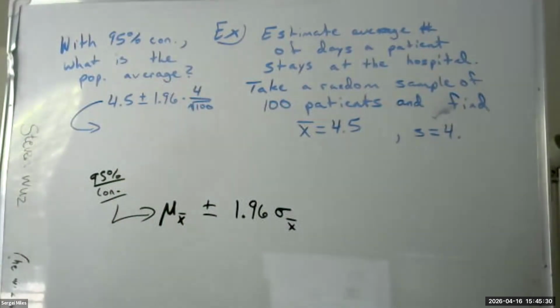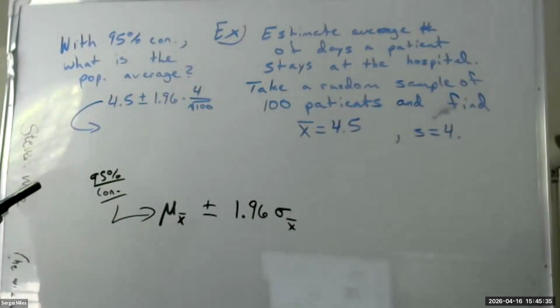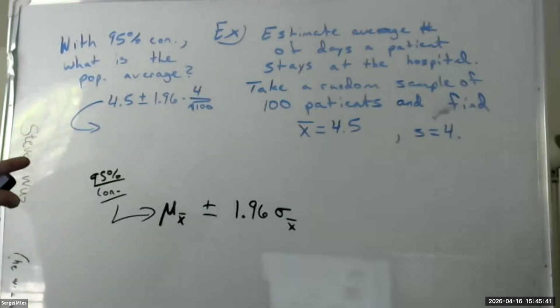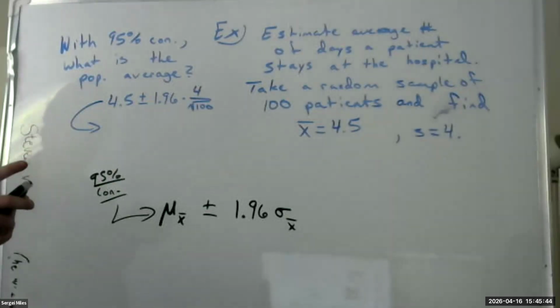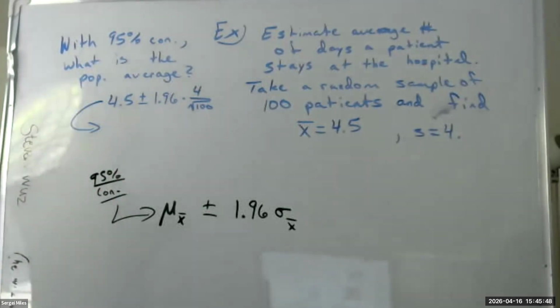If I do the minus side first, I'm going to have here 4.5 minus 1.96 times 4 divided by the square root of 100, which luckily is 10, so that's not so bad. Put it in the calculator.